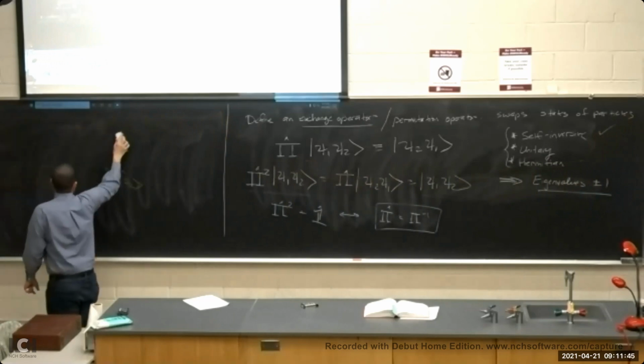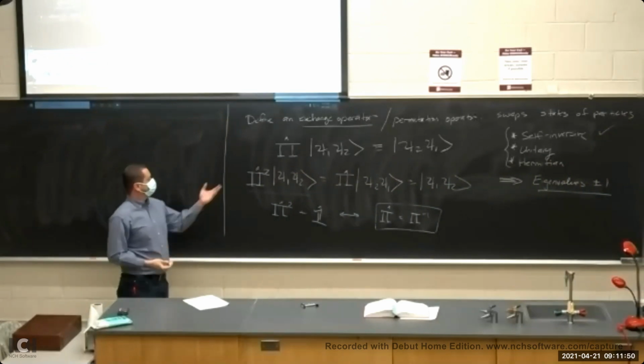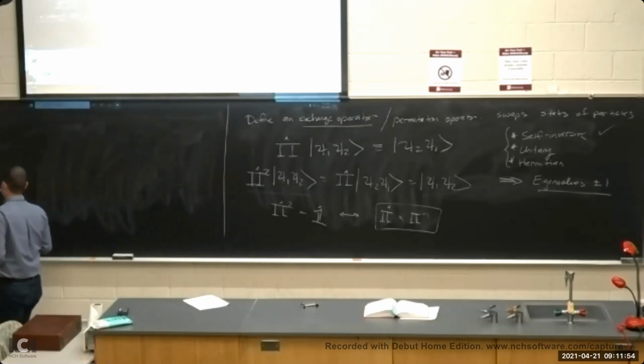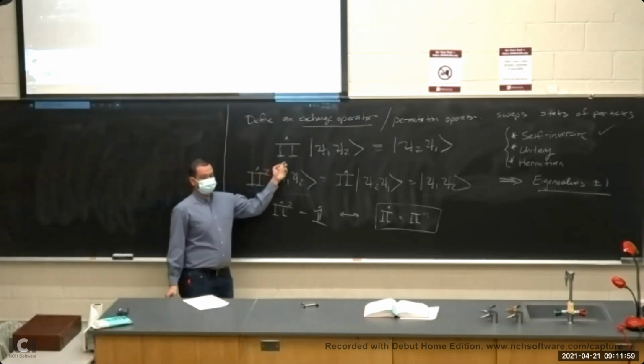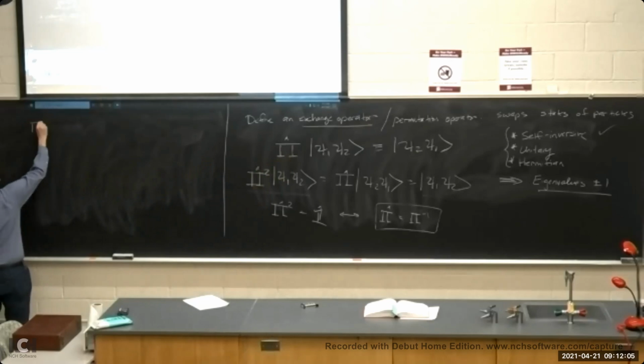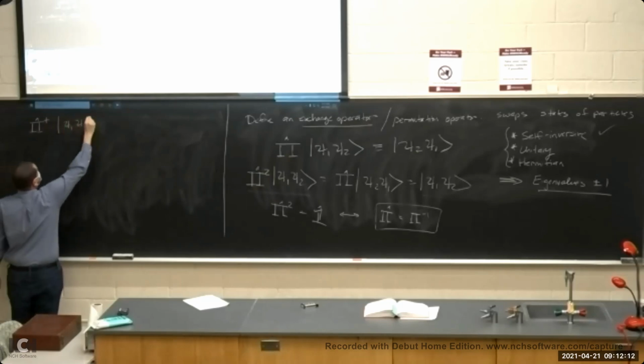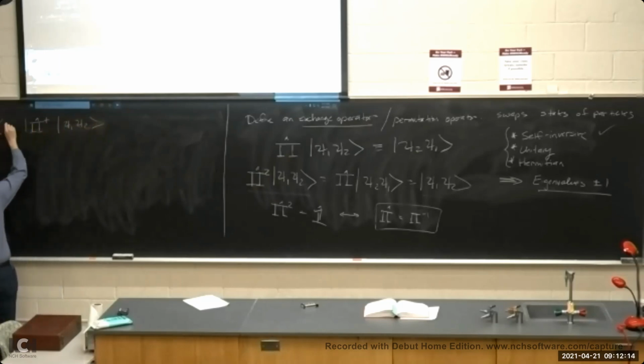Once we've established that it's self-inversive, we'll prove unitarity and hermiticity at exactly the same time. To do that, we need to define what pi dagger is. It's been a long time since we talked about this kind of stuff, but remember that the adjoint or the dagger of an operator is defined by what it does to a complex conjugate matrix element. So imagine that I've got two of these things. So pi dagger on the particular state psi 1, psi 2, projected onto a different state, I don't know, phi 1, phi 2.